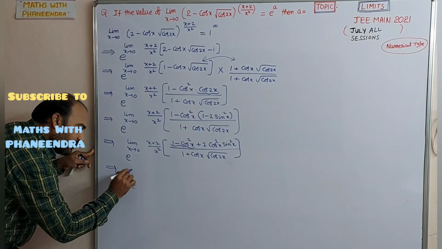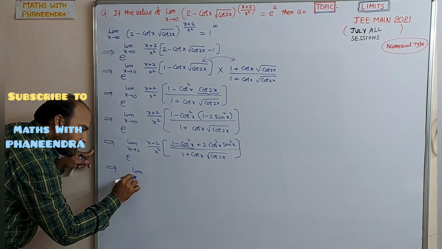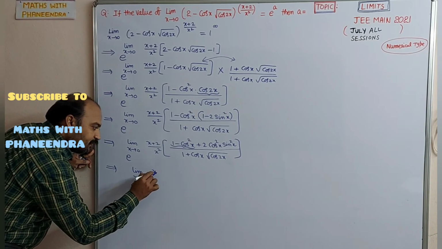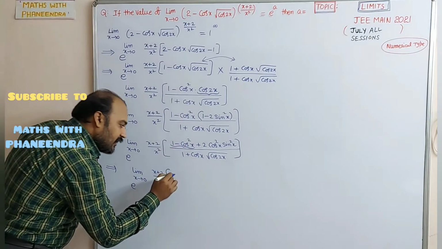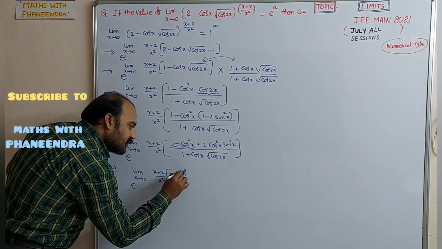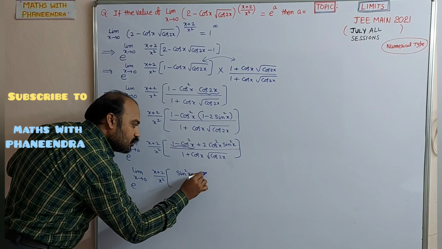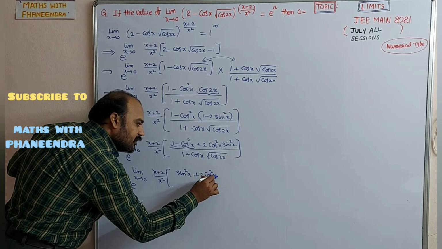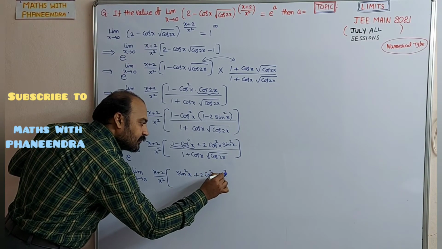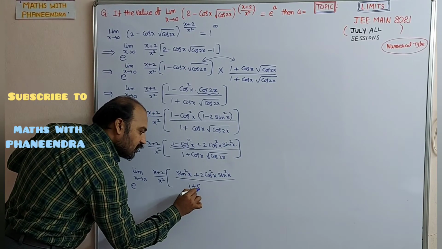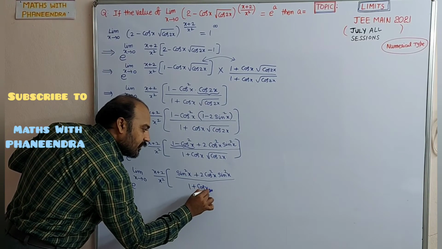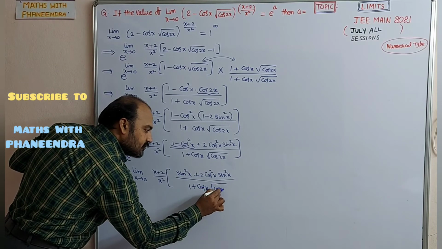So e power limit x tends to 0, x plus 2 divided by x square, 1 minus cos square x is sin square x plus 2 cos square x into sin square x, divided by 1 plus cos x into root over cos 2x.